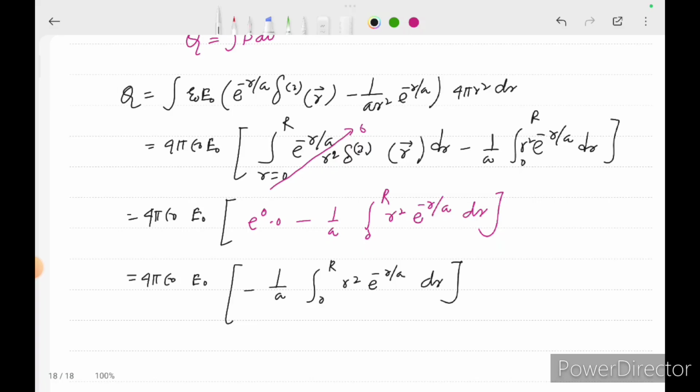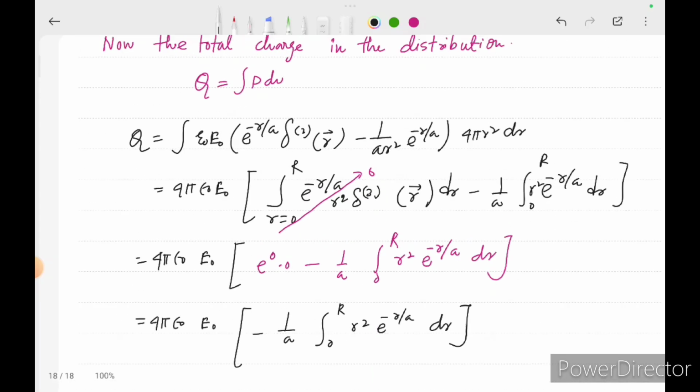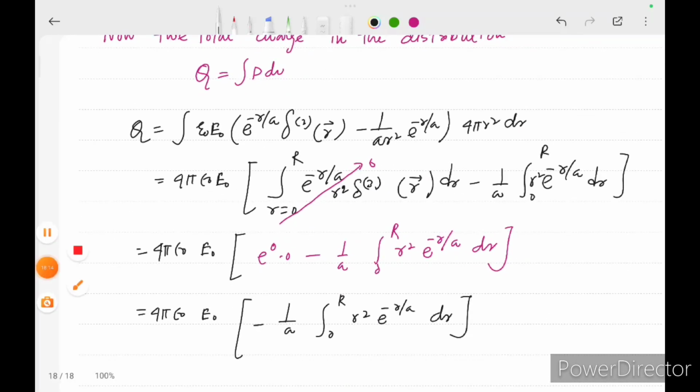I hope you can solve these integrations. Please solve them by yourself; it is a very easy task for you. So I have discussed a beautiful problem here.